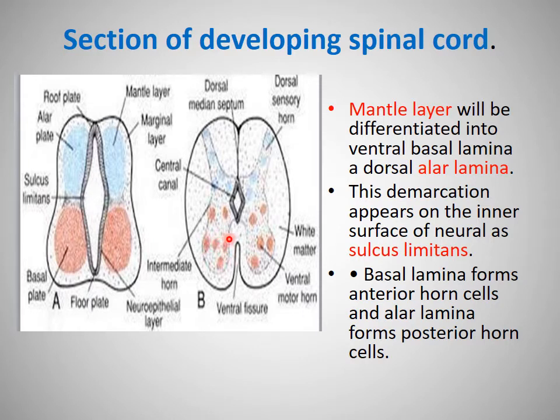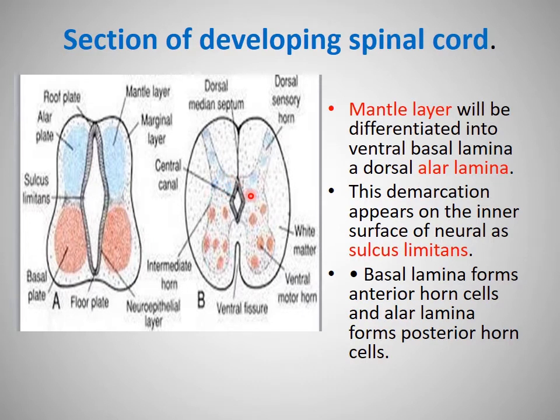All the neuronal cell bodies are grouped into the motor neurons, which give rise to the efferent fibers. Whereas the alar plate has the neuronal cell bodies which are the afferent neurons, the sensory neurons. So this is called the posterior sensory horn of the spinal cord.